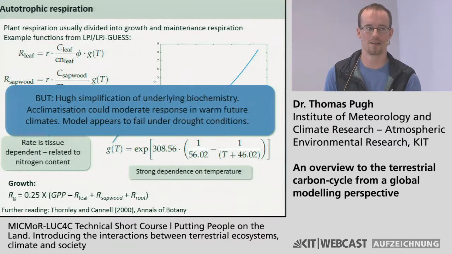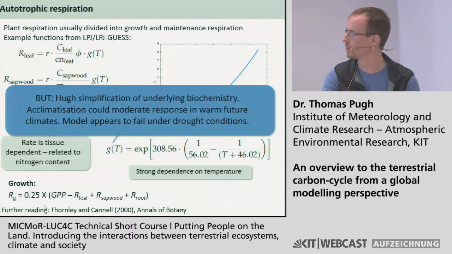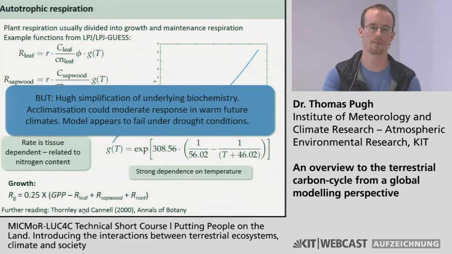If you're interested particularly in how respiration is modeled, you can look at this paper here, which goes through some of the different decisions you can make in modeling respiration, which we typically don't do at the global scale at the moment, although we're trying to get better at that. There's also things such as acclimatization.